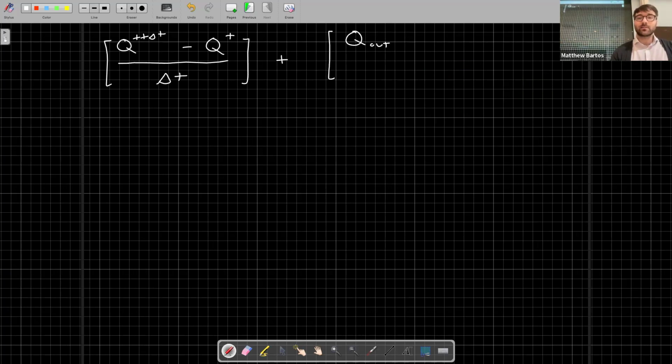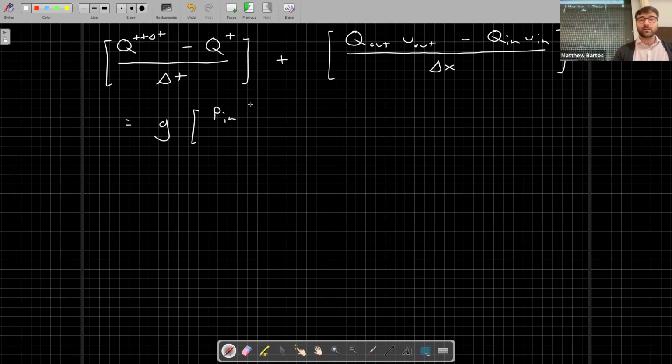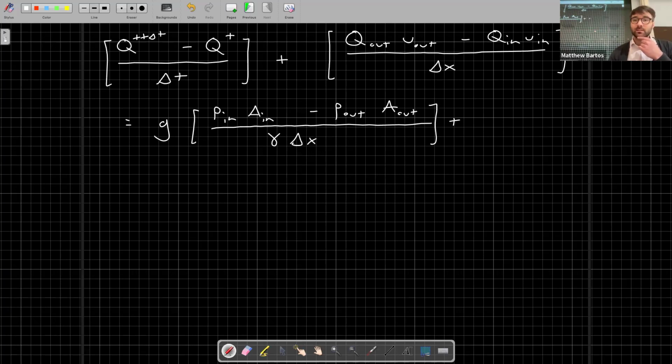So that's Q out U out minus Q in U in divided by delta x, the length of our control volume, is equal to the acceleration due to gravity times P in, the pressure at the upstream end, times A in, the cross-sectional area of the upstream end, minus P out A out, the same two quantities for the downstream end, divided by the specific weight times delta x, plus g times A times the bottom slope, minus g times A times the friction slope.